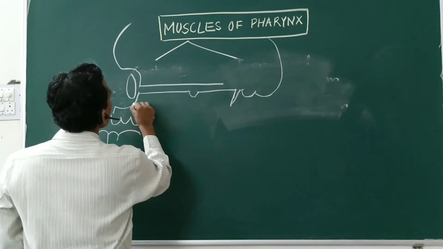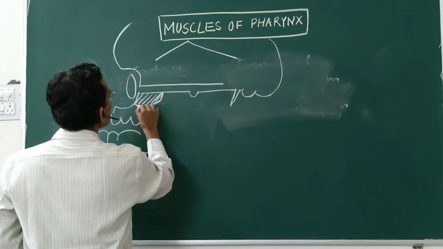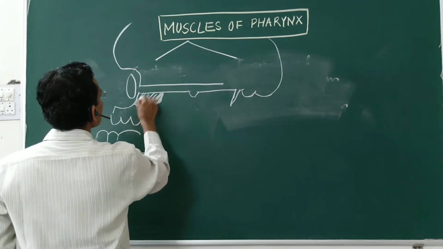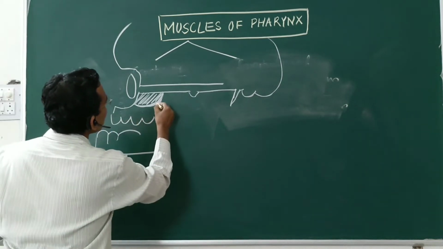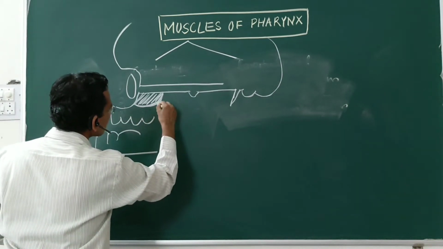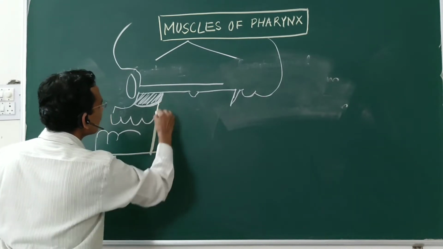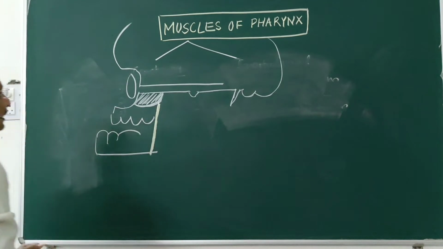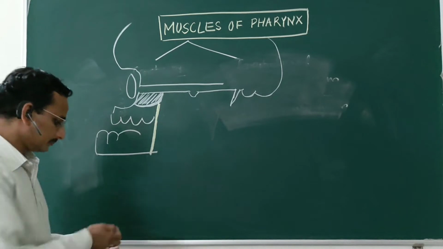Here is a process, a plate, called the pterygoid plate. From the pterygoid hamulus there is a ligament called the pterygomandibular raphe.